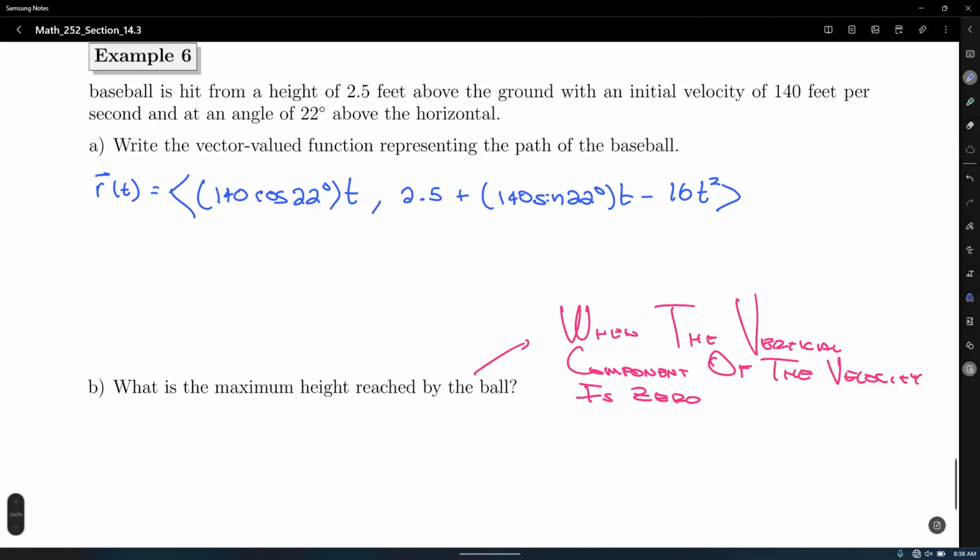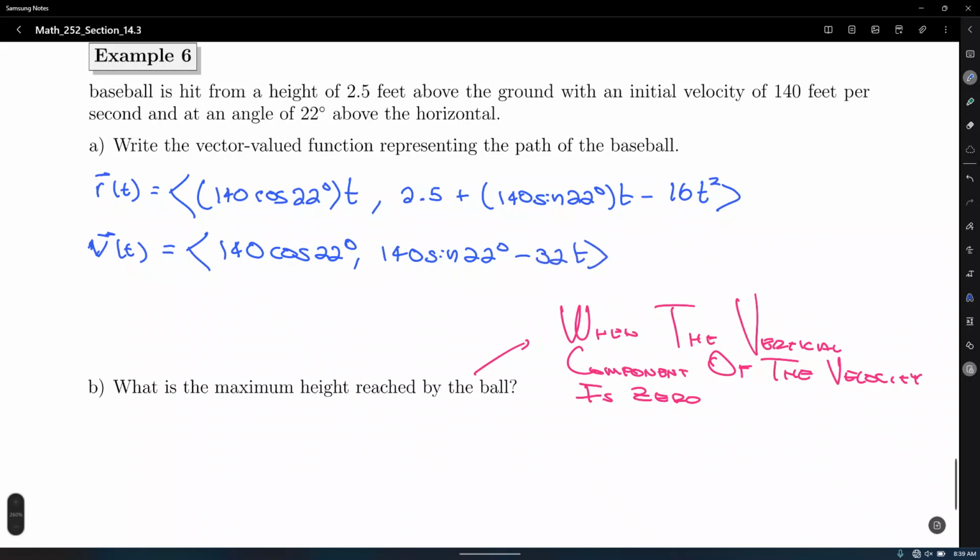Okay, so let's do that in the same part A. We're going to use it in B. So that is v of t, that equals, the derivative of t is 1 times its coefficient, that's just the coefficient, 140 cosine of 22 degrees, comma, the derivative of 2.5 is 0, the derivative of t is 1 times the coefficient, 140 sine 22 degrees, and minus 16 times 2, that's minus 32t.